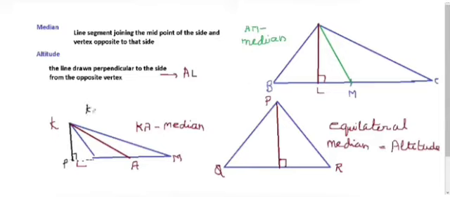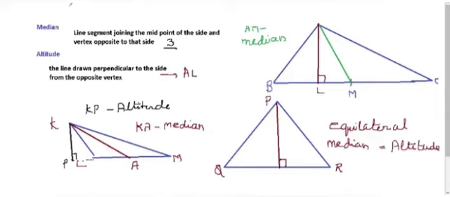So here KP is your altitude and it lies outside your triangle. It is not sure that the altitude will lie inside the triangle, but every triangle has 3 medians, and all the medians lie inside the triangle.